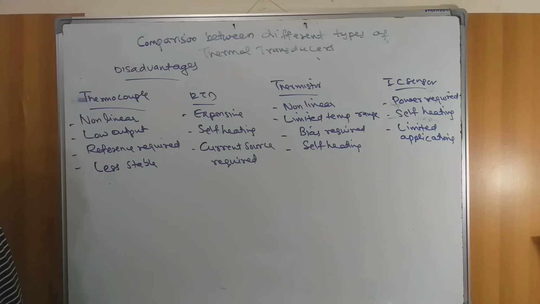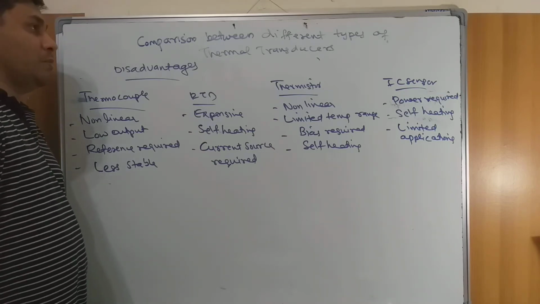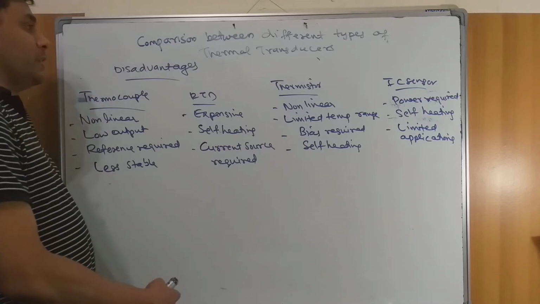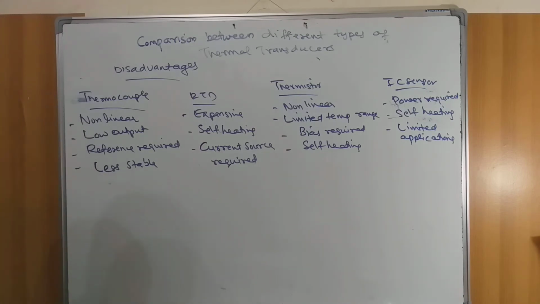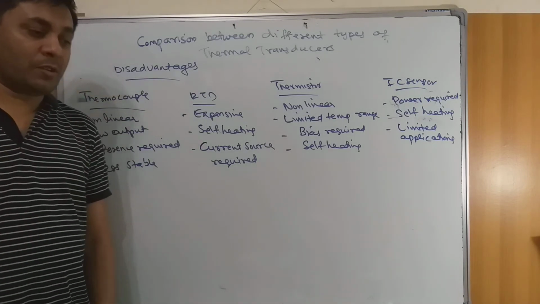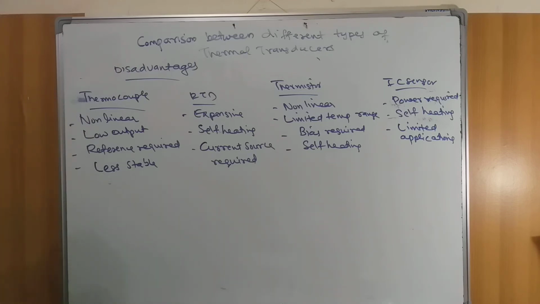So in this particular lecture, we have mainly discussed what sensors and transducers are. I just want to highlight one more point: sensors and transducers are sometimes interchangeable words. You can use the name sensors or transducers, almost having the same meaning.